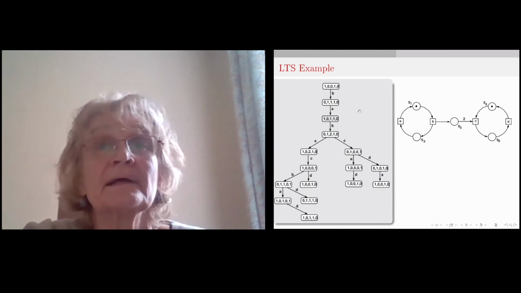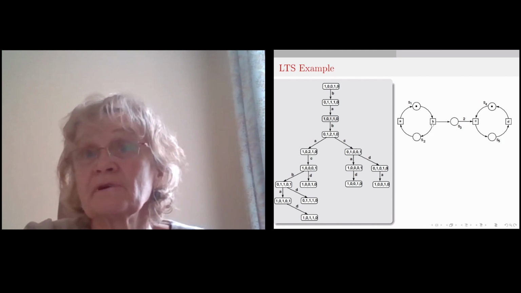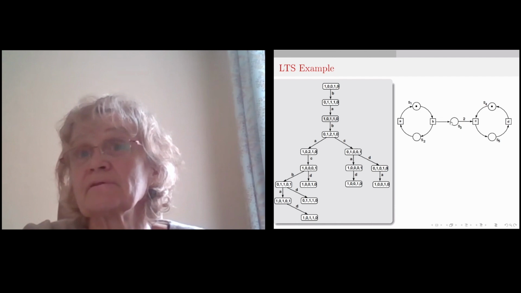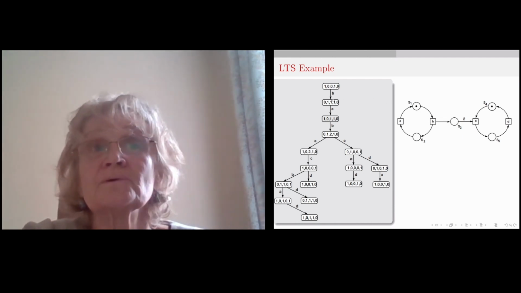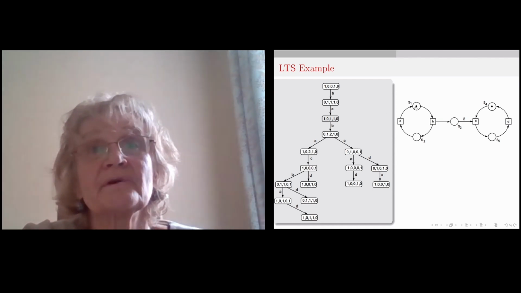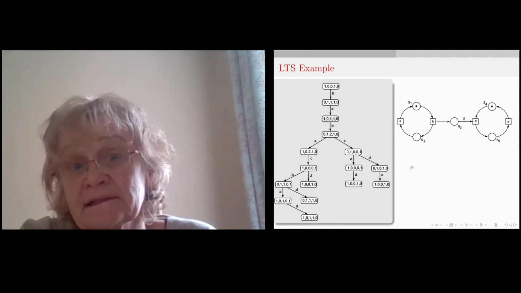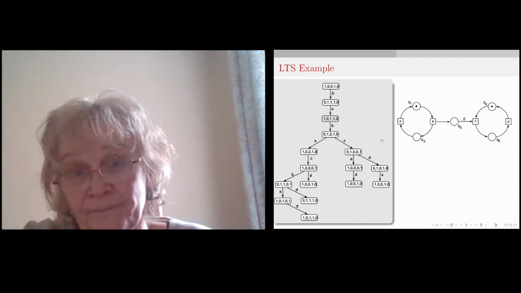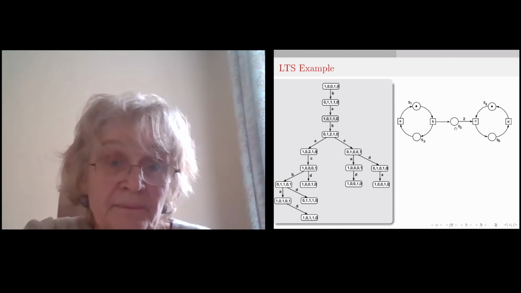Then B can fire, and that's the only transition which can fire now, because for C we do not have tokens to consume. So we come to a new marking, then A can fire. We return to this marking, then once more B fires, and so on. This is just an initial fragment of this labeled transition system, which represents the Petri net behavior.